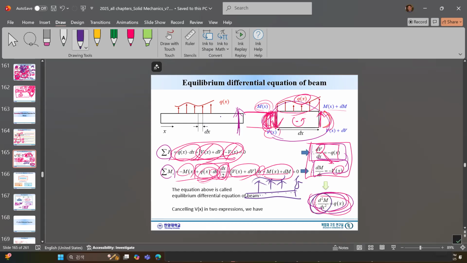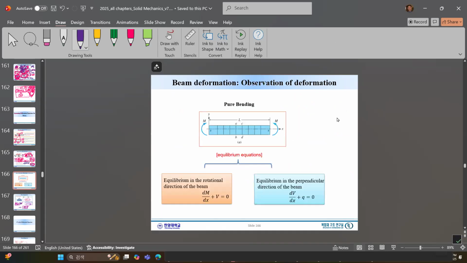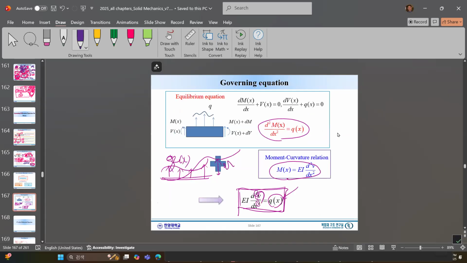That is the equation we got from equilibrium. So this is the equilibrium. Now this is the final. Okay, pay attention. To make a long story short, this is the final beam equilibrium. It says the moment's second derivative will be Q.